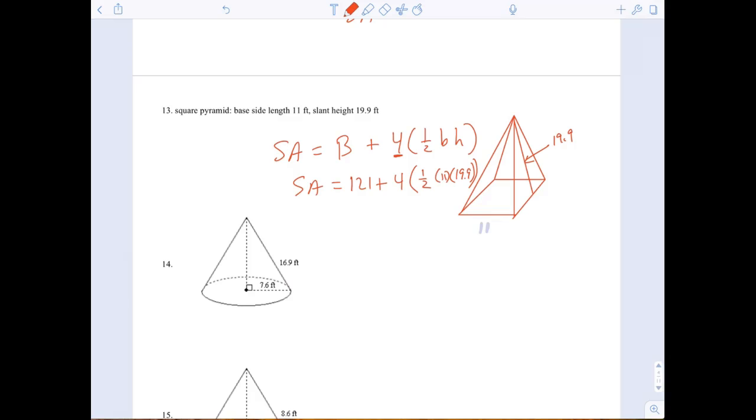Yeah, because we're doing the area of the base, right? The area of the base is a square, which is just 11 times 11. You hear me? All right, so somebody tell me again what you get for that. 558, thank you. And then that would be square feet.